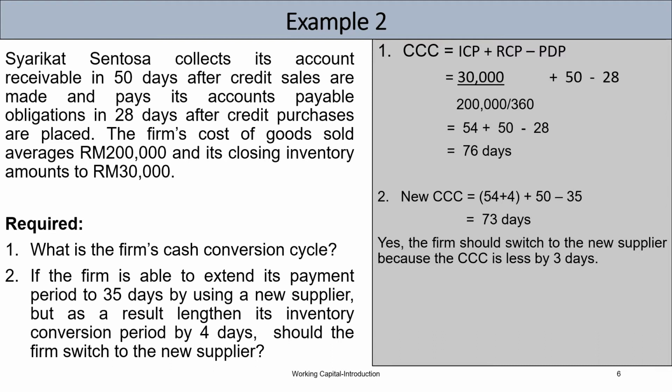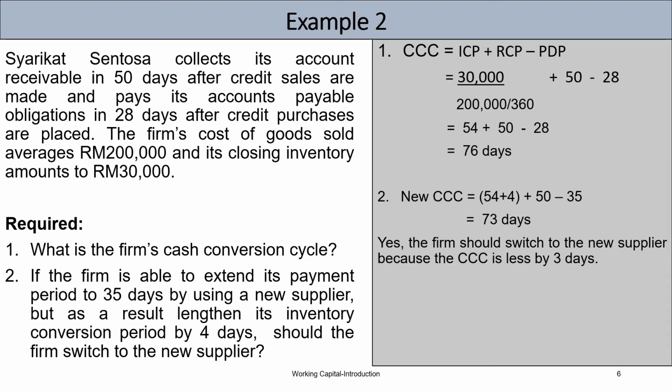All right, the CCC, the inventory is 30,000 divided by the COGS of 200,000 over 360. So the ICP is 54 days. And then given in the questions, the account receivable is 50 days. So you just plus 50.